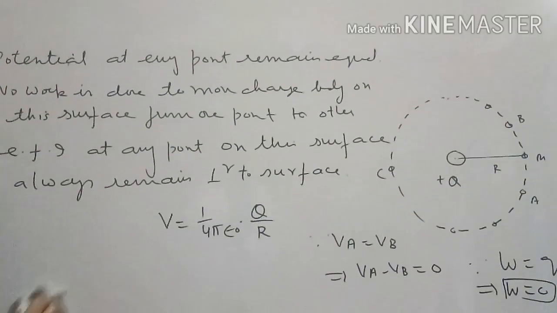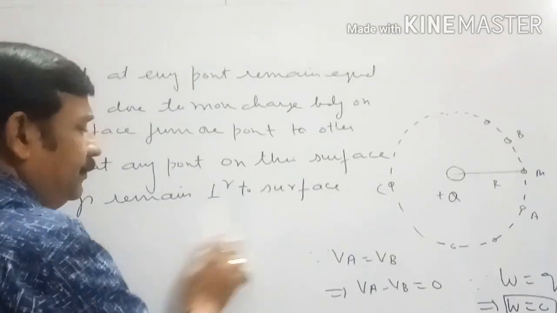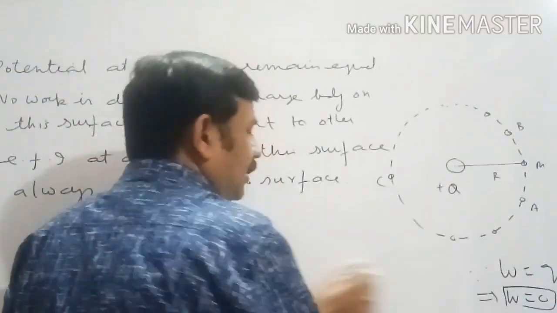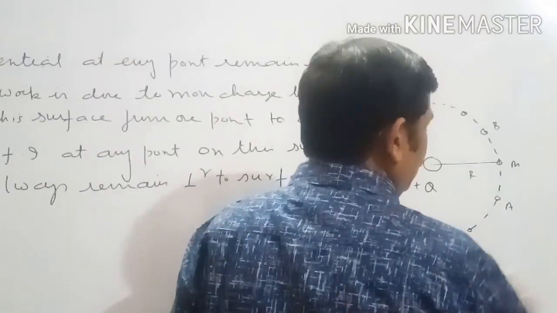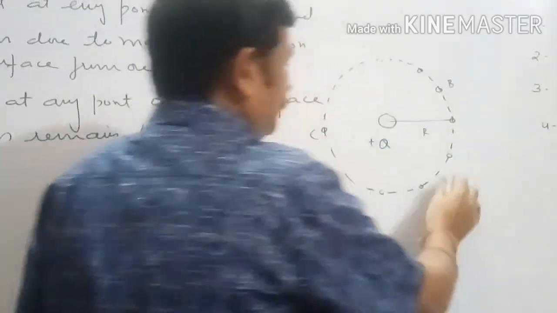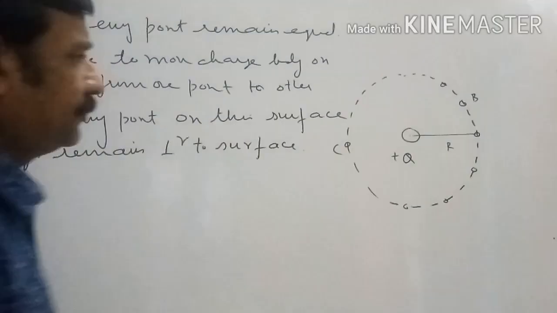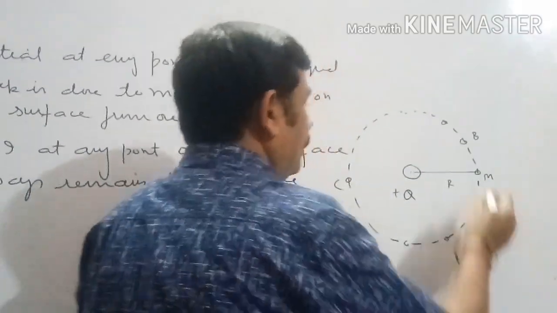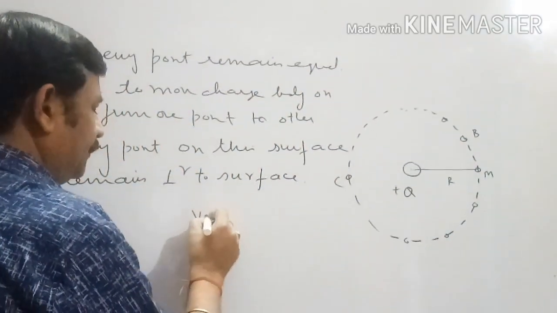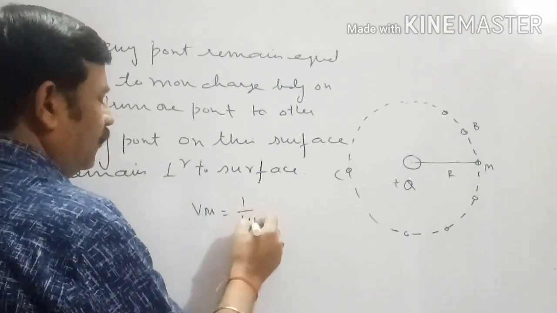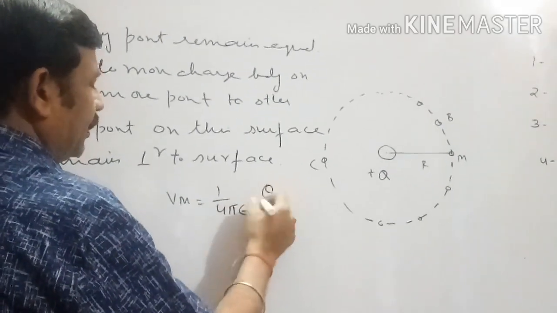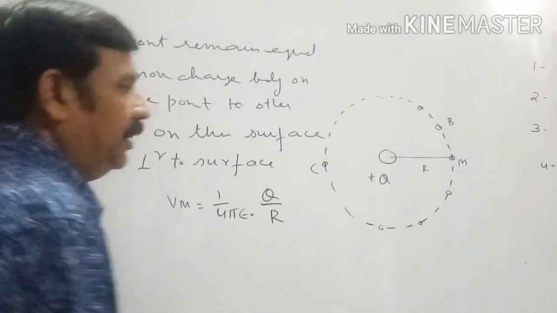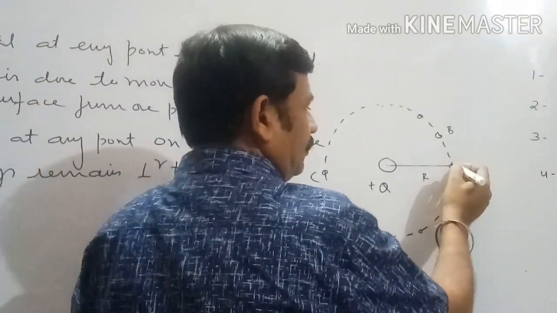This is very important. In the board exam, most of the time they ask this question: why does intensity always remain perpendicular to the equipotential surface? Suppose we have a point M. Potential there will be 1 upon 4 pi epsilon naught Q by r. Let a test charge be kept here.